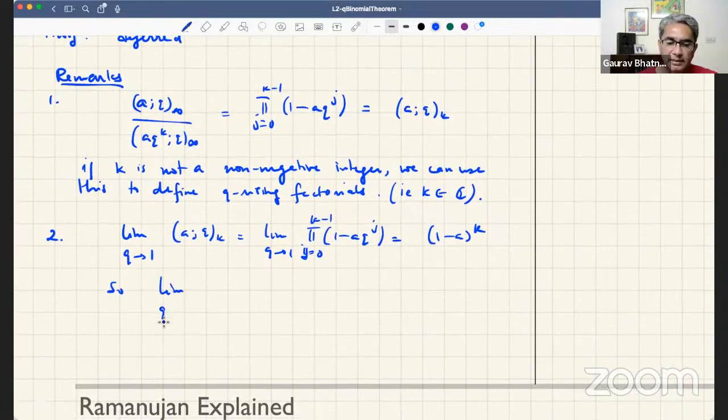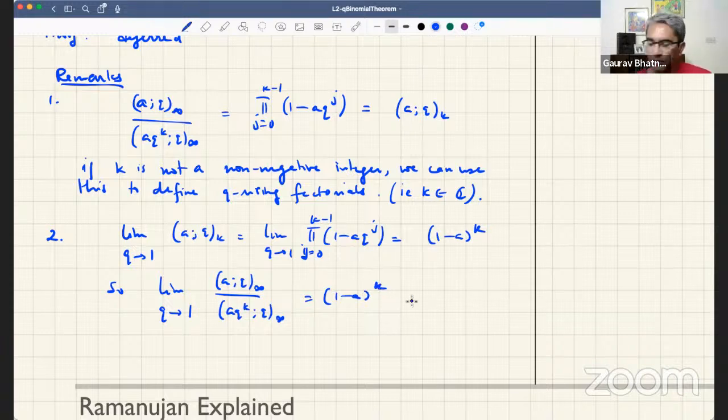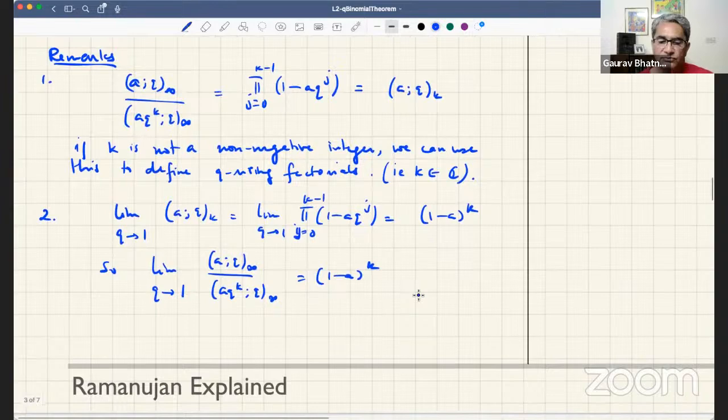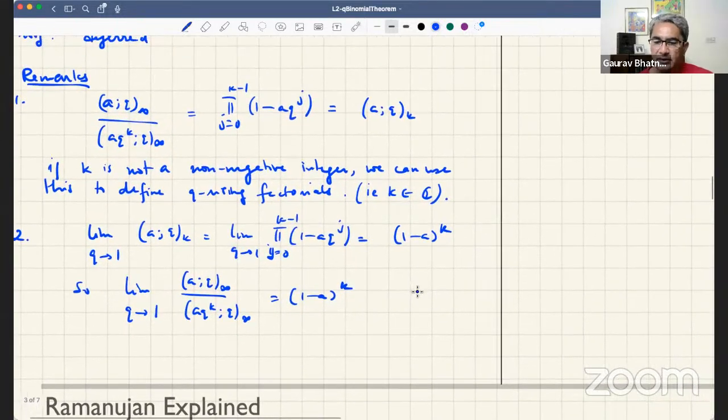This limit should be (a;q) infinity over (aq^k;q) infinity, which is also equal to (1 minus a) to the k. So this expression makes sense for both sides, even when k is not a non-negative integer.